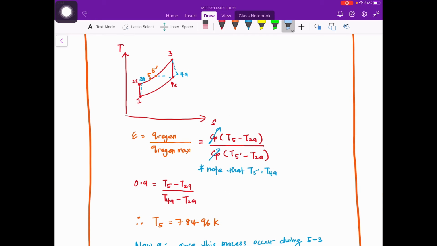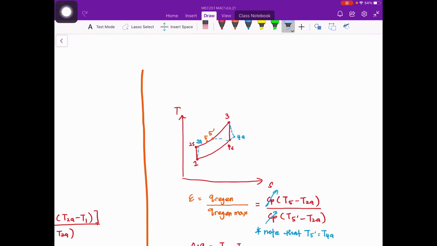Alright, so the last item requested by this question is item D, where they request us to determine the new thermal efficiency if, let's say, we have a Brayton cycle with regeneration, and given to us is the regenerator effectiveness, which is equal to 90%.